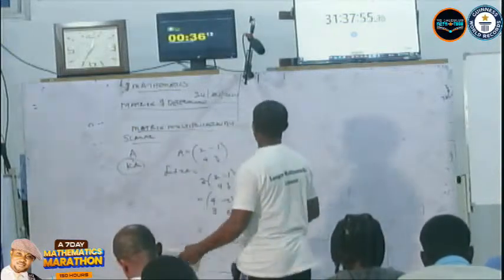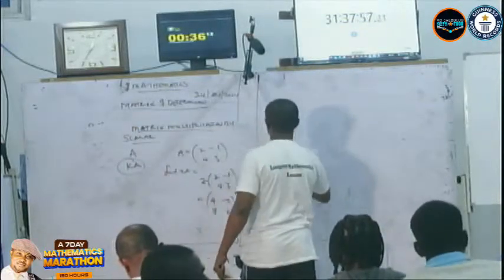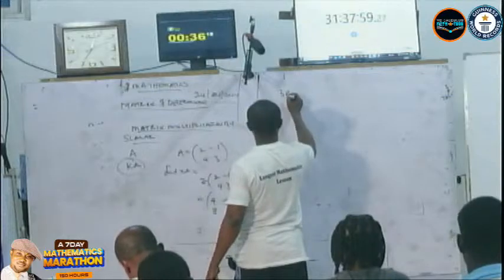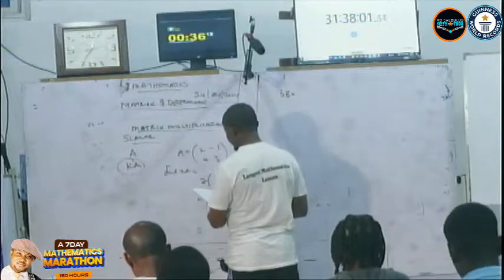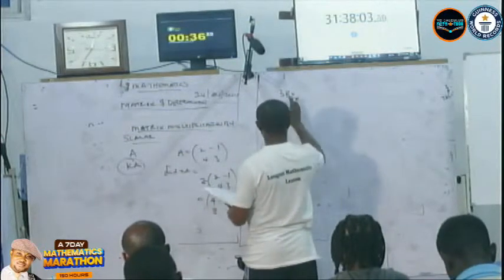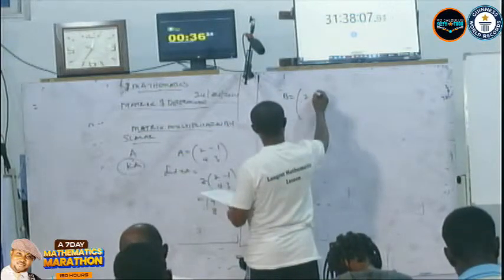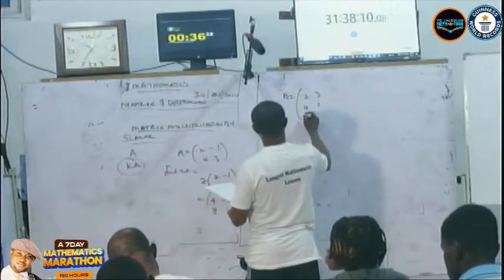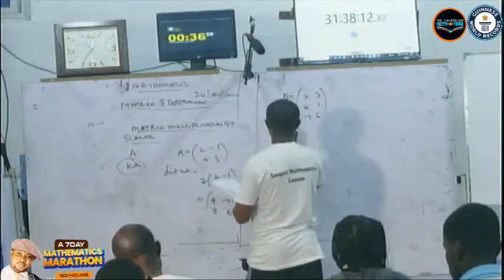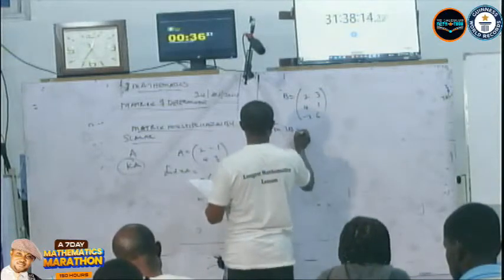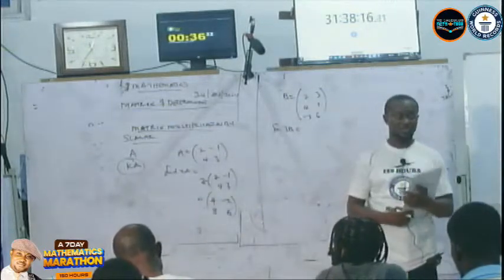So if you're asked to find 3B and you're given matrix B, let me say matrix B equals 2, 3, 4, 1, minus 3, and 6. What do we do to find 3B?